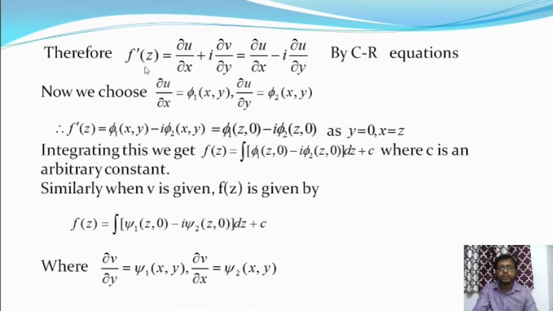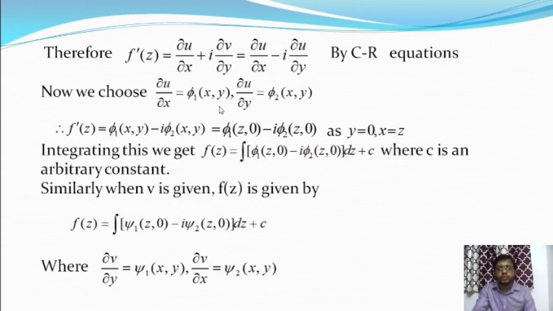Now we are going to find the first derivative of f of z. So f dash z is equal to del u del x plus i into del v del x. Applying the CR equation, it will change and give del u del x minus i into del u del y.